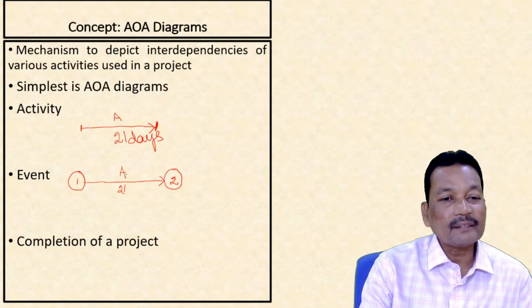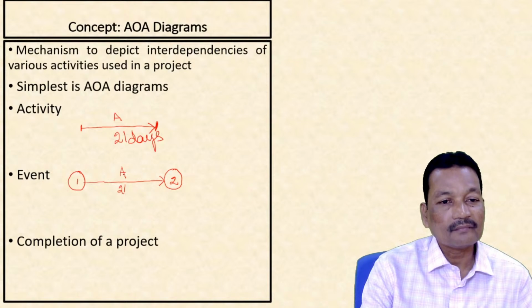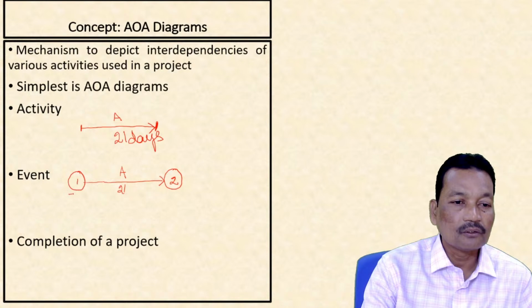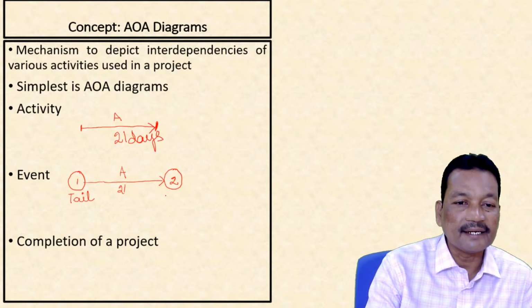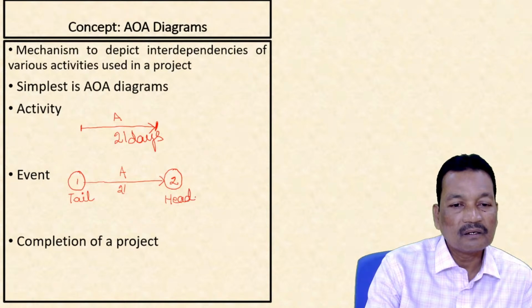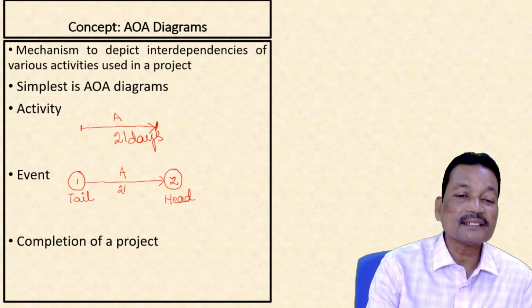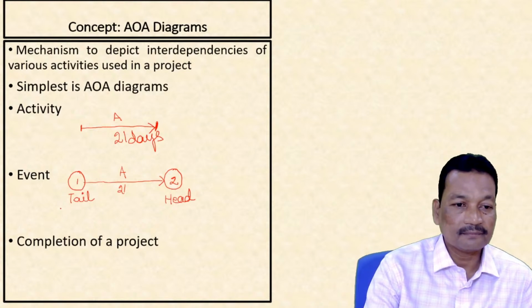So activity A has a tail event. This is the tail. And this is the head. Or you can say this is starting event and this is finishing event.